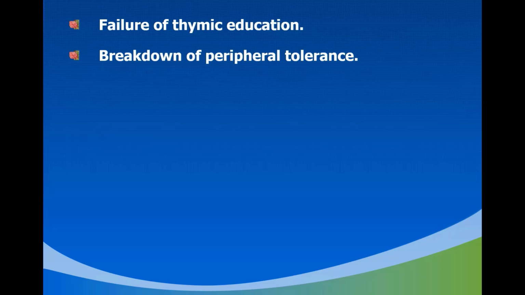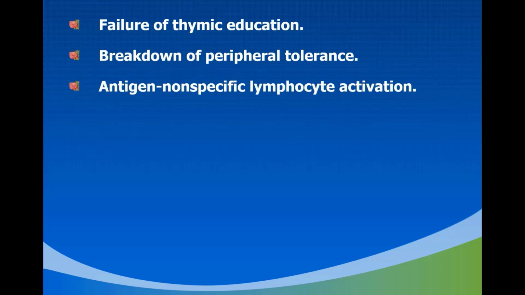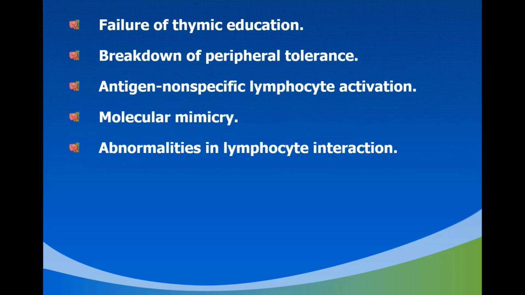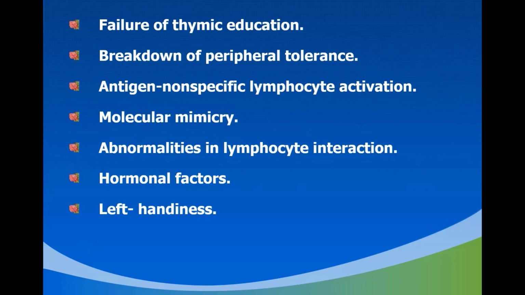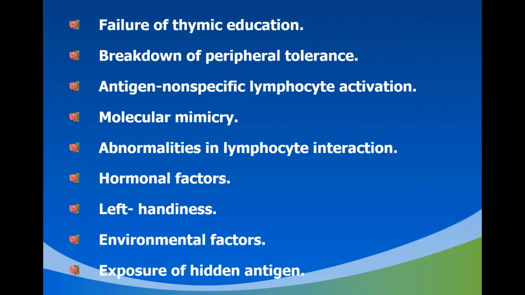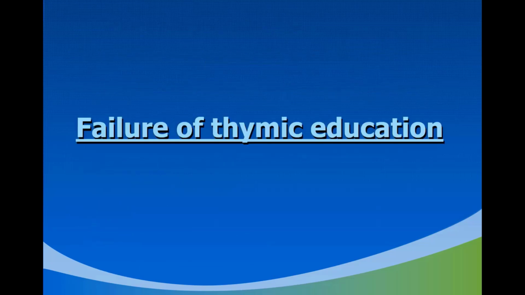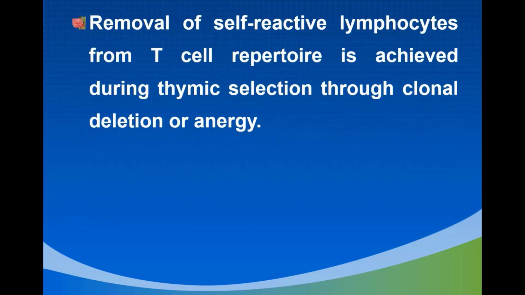Theories of autoimmunity: failure of thymic education, breakdown of peripheral tolerance, antigen non-specific lymphocyte activation, molecular mimicry, abnormalities in lymphocyte interaction, hormonal factors, left-handedness, environmental factors, exposure of hidden antigens.